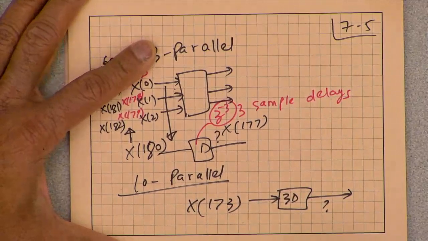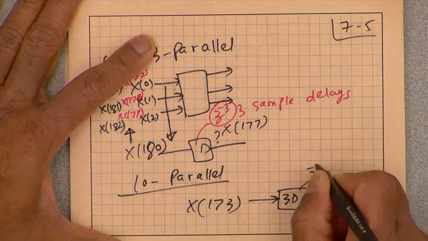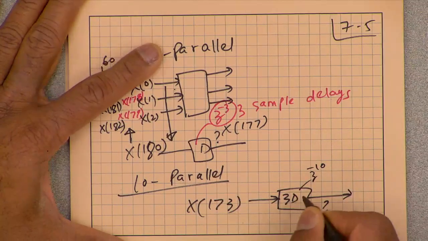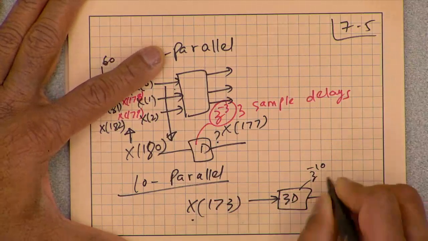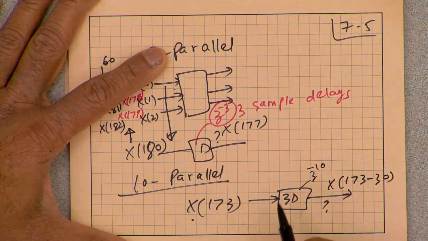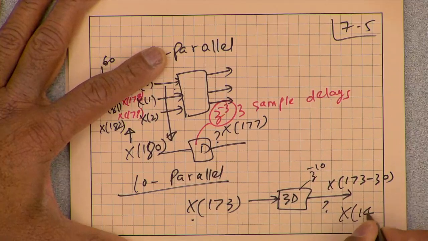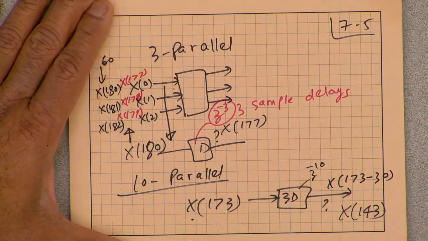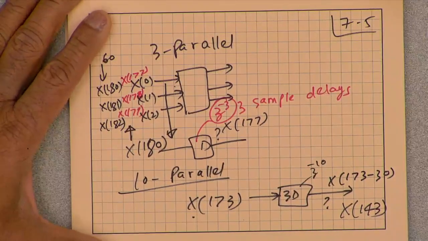Okay, why? Because each delay is 10 sample delays and 3 of these will be 3 times 10. So you subtract 30. So this should be x 173 minus 3 times 10. 3 delays, each delay is 10 sample delays, which will be x 143. Okay, any question about what I have said in this page?